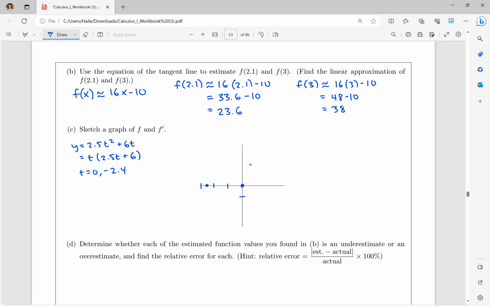and I think we can make the scale on the y-axis 3. So we have minus 3, minus 6, minus 9. And so the parabola looks something like this.